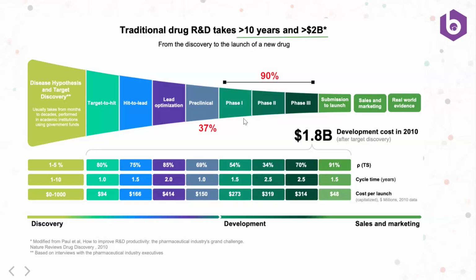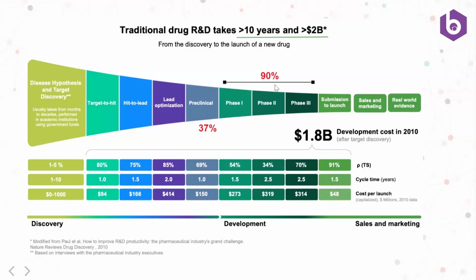The chances of your molecule, even though it took up these many millions of resources and these many years, which is around 3 to 4 years in just in vitro studies, you're going to face a 37% failure rate in animal studies and a 90% failure rate in humans.